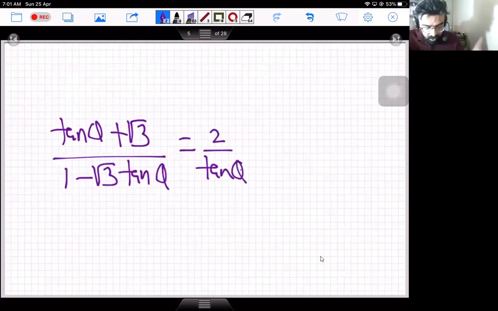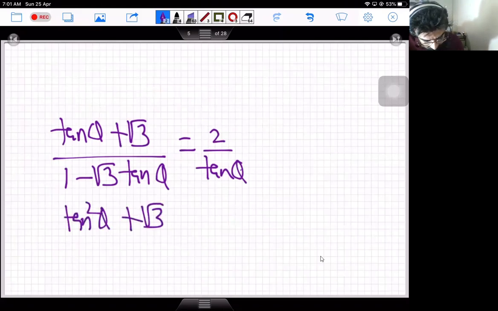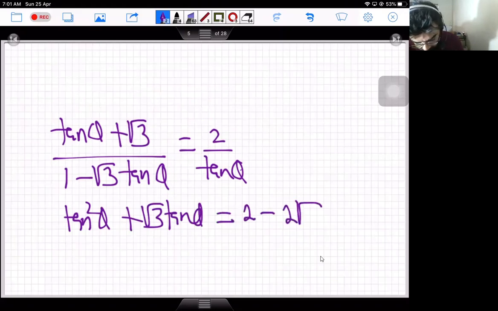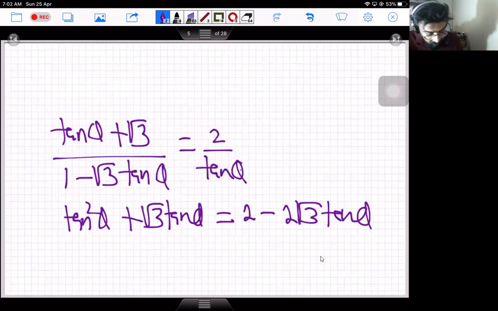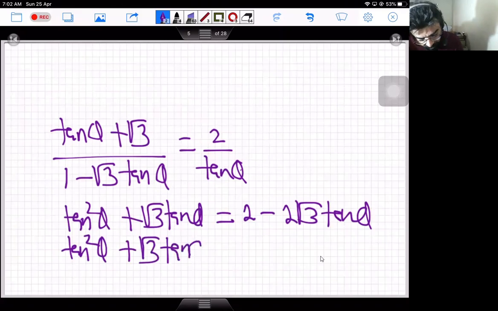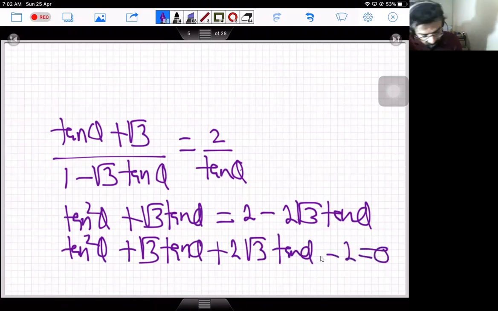Now just cross multiply. Tan square theta plus root 3 times tan theta is equal to 2 minus 2 root 3 times tan theta. So what you need to do is just show that this quadratic equation can be formed, and straight away 3 marks for this working. Tan square theta plus root 3 times tan theta plus 2 root 3 times tan theta minus 2 is equal to 0.